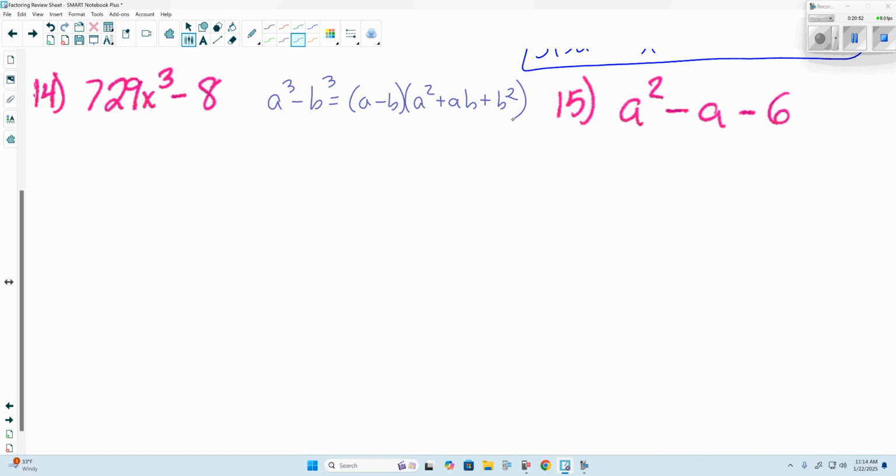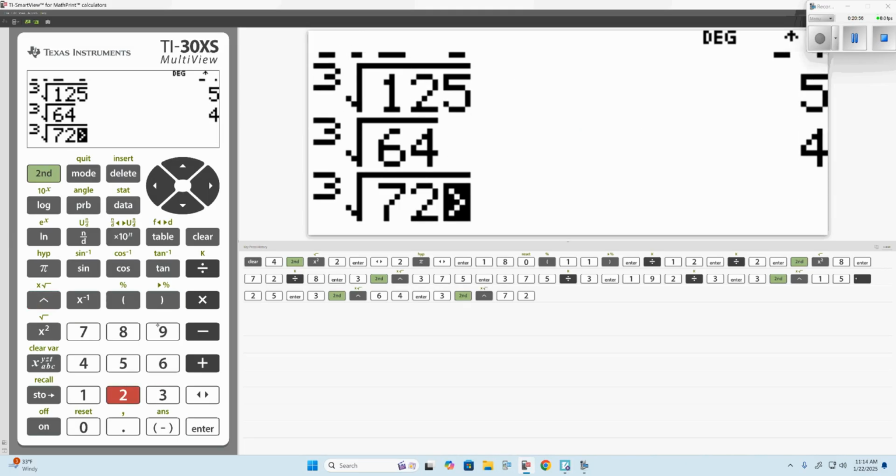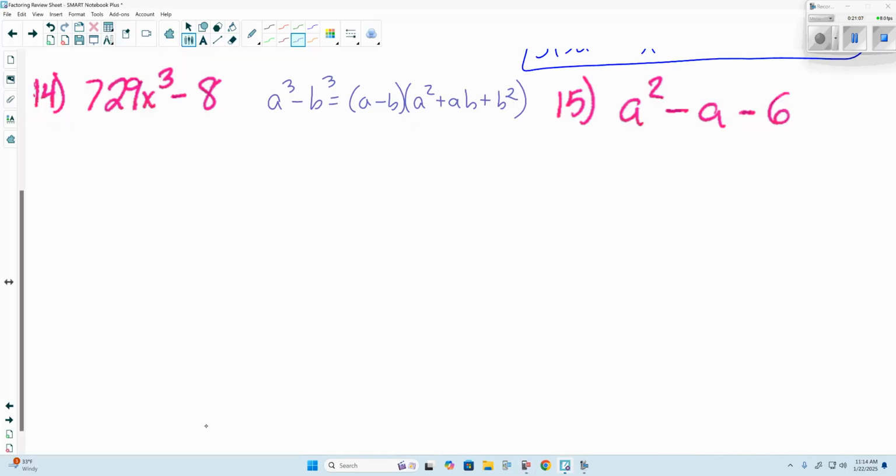Now the question is, is there a cube root of 729? Nine. See if there's a cube root of 8. 2. Since there is no greatest common factor, we're trying to find our A term. So the cube root of 729x cubed.